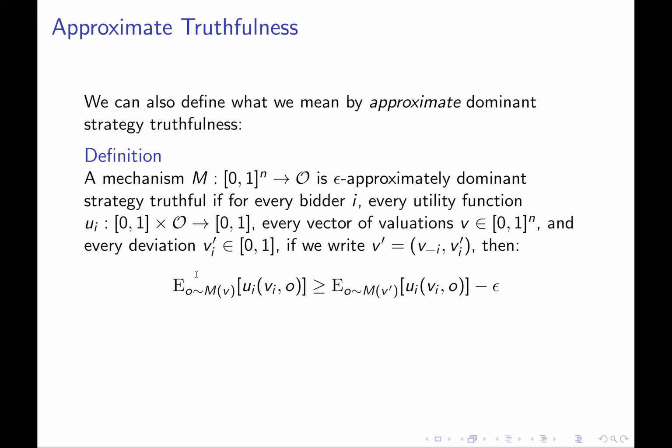It's pretty simple. A mechanism is some arbitrary randomized mapping from bids to outcomes: you place your bids, the mechanism chooses some outcome, and you as the bidder have some utility function, parameterized by your value V for the good and the outcome that the mechanism chooses, like whether you get the item or not.